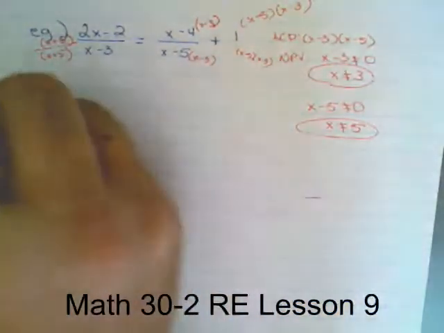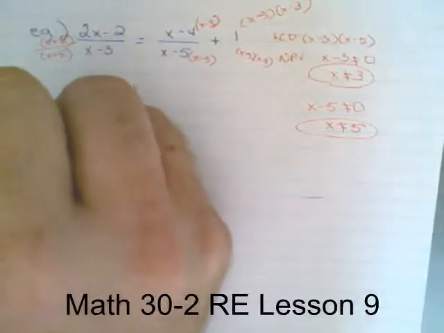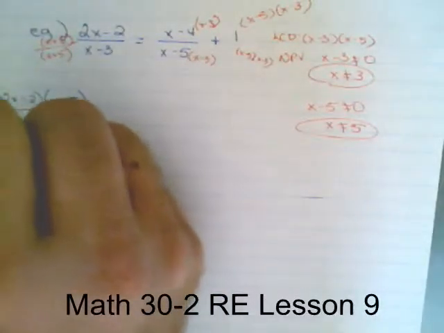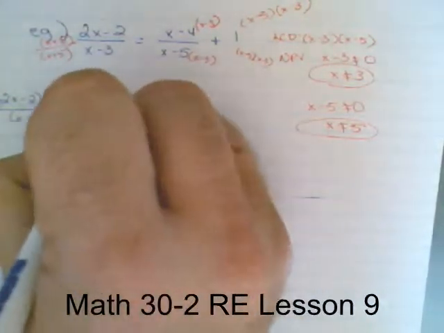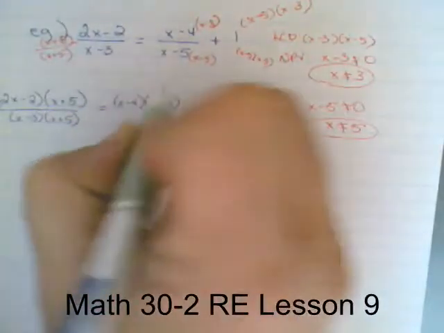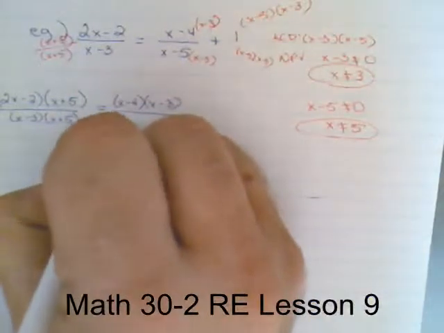So after all is said and done, this is going to be hard to write out. I get 2x minus 2 times x plus 5 over my common denominator, equals x minus 4 times x minus 3 all over my common denominator.